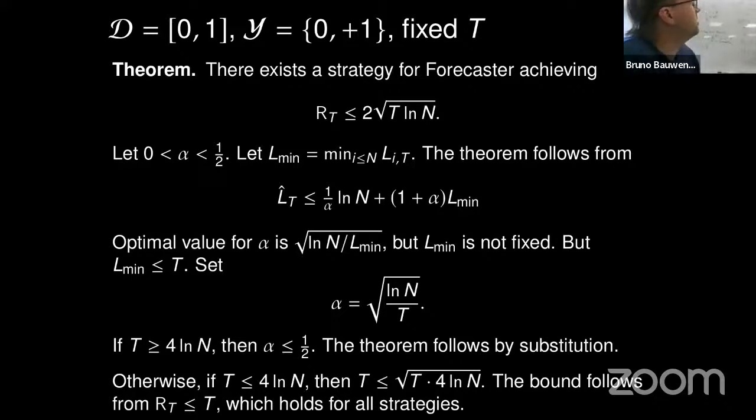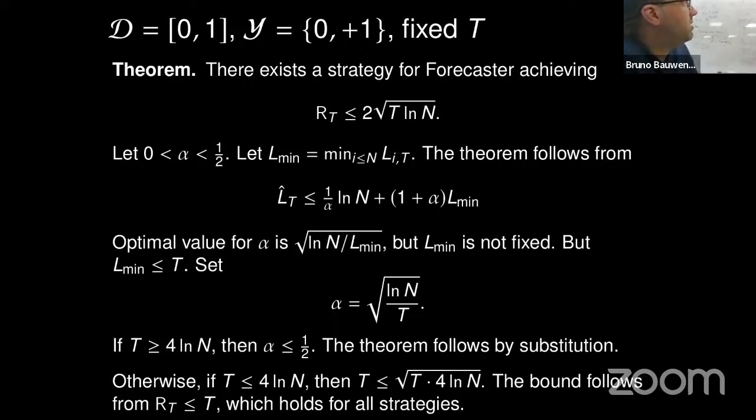Okay, so first let us optimize this inequality. We get alpha equal to the root of ln n divided by T. If this root is at most 1/2, then we get the result of the theorem. And if this root is bigger than 1/2, then in the last two lines you see T bounded by 4 ln n. That means alpha is bigger than 1/2.